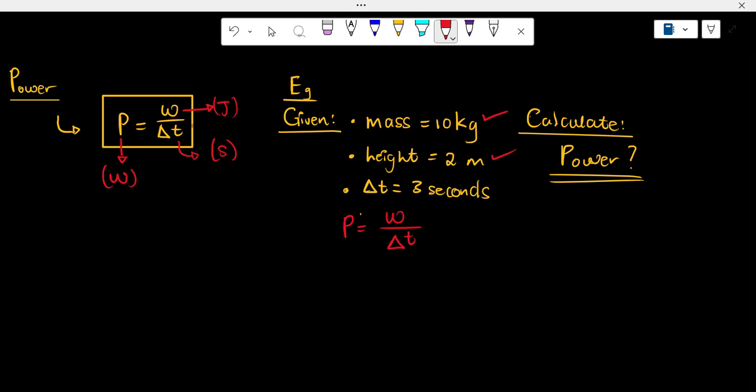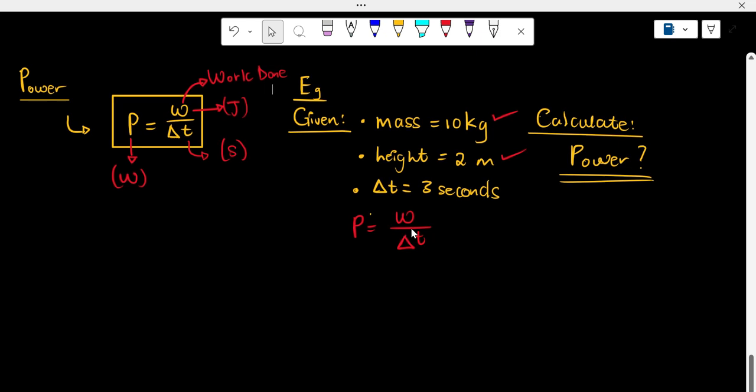In this equation, the work in the numerator is not just any work, ladies and gentlemen. This is the work done. It's not always the case. In electric circuits, we have equations of power, which is a different scenario. But in this case, we're looking at the work done by a certain force.